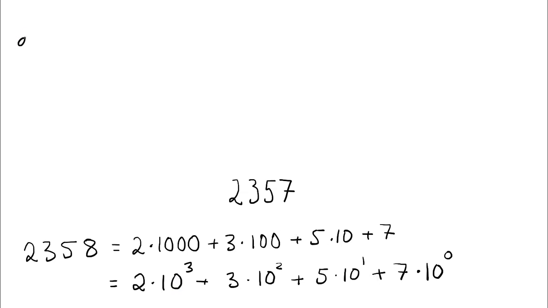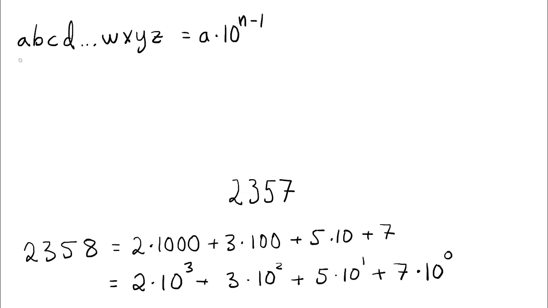More generally, we can of course write, if we have A, B, C, D, instead of just 2, 3, 5, and 7. And then we could have any number of digits here. So this now is a single digit, the 10 digits, 100 digits, and so on, up to whatever large number we have. So then we can write this in general as this: A times 10 to the power of n minus 1.